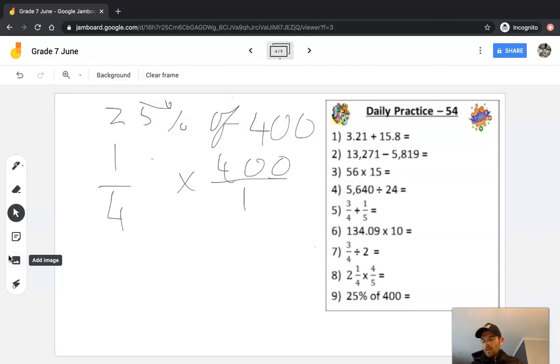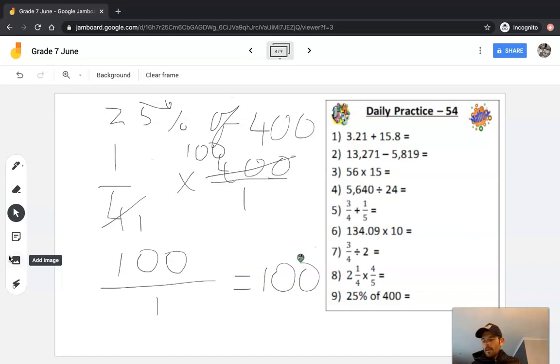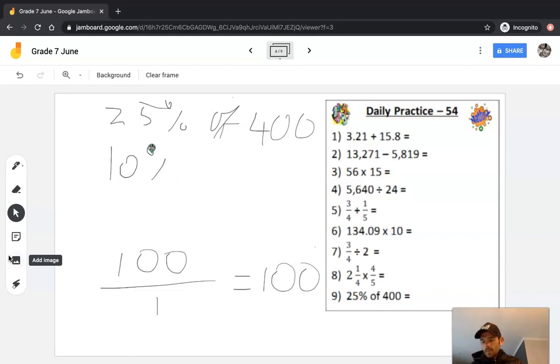And then we know that 4 goes into 400 100 times. And then your numerator, you've got 1 times 100, which is 100. And your denominator, 1 times 1, which is 1. And that leaves you with 100. Okay? Yes, you could have absolutely done, well, what's 10% of 400? 10% of 400 is going to be 40.